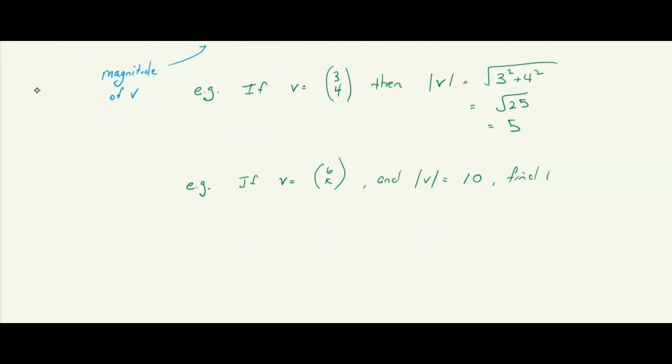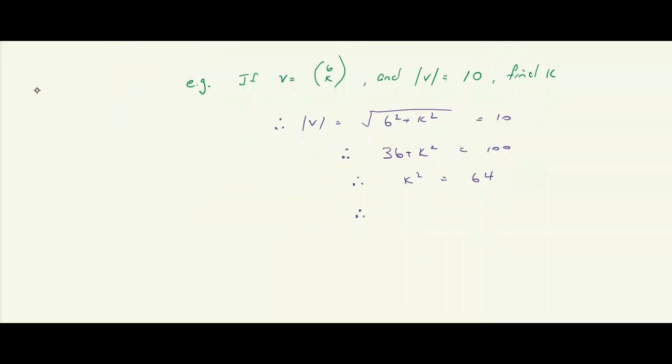Then we would need to find k, and we would do so by saying that the magnitude is the square root of 6 squared plus k squared, and that's equal to 10. So therefore 36 plus k squared is equal to 100, squaring both sides, and therefore k squared is equal to 64, and therefore k could be plus or minus 8.